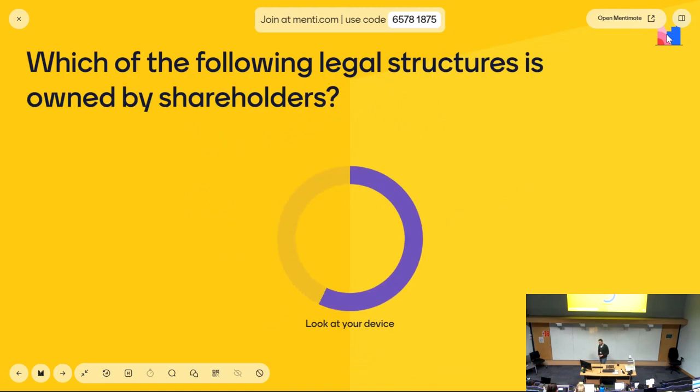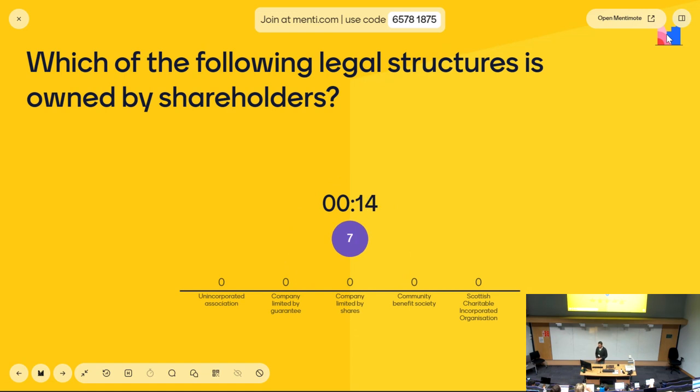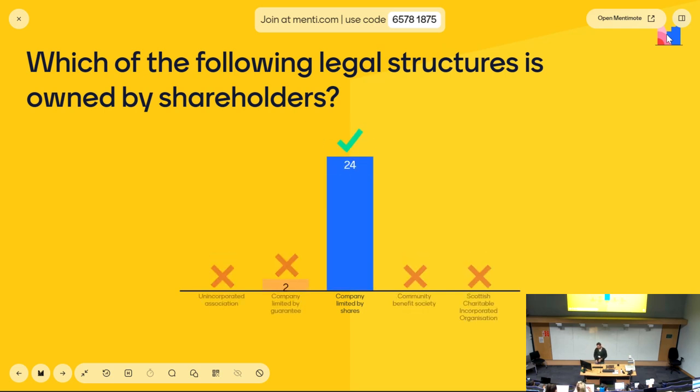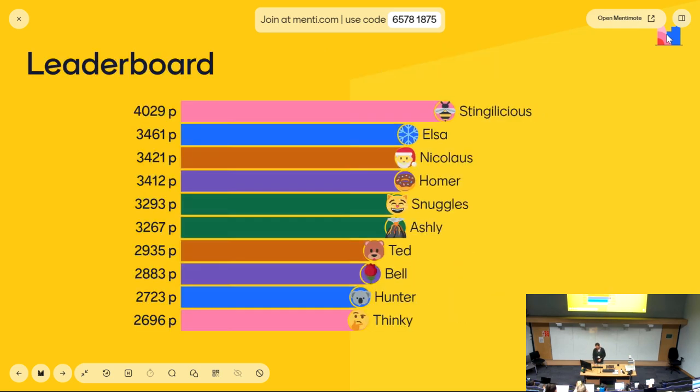Which of the following legal structures is owned by shareholders? Yes, company limited by shares. Good.